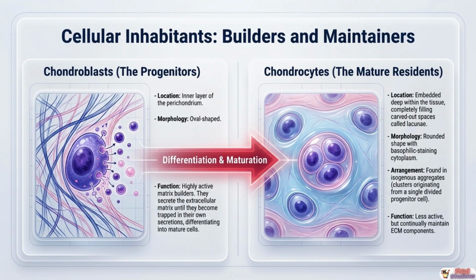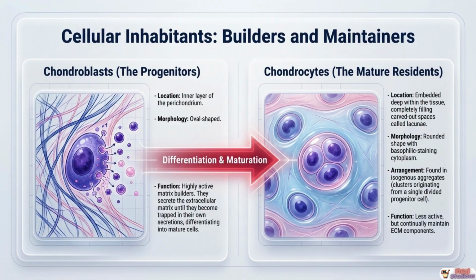As chondroblasts continue secreting matrix, they progressively surround and encase themselves within their own secretions until they become trapped, completely embedded within the dense matrix they have produced. At this point, they have become chondrocytes, the mature, resting residents.